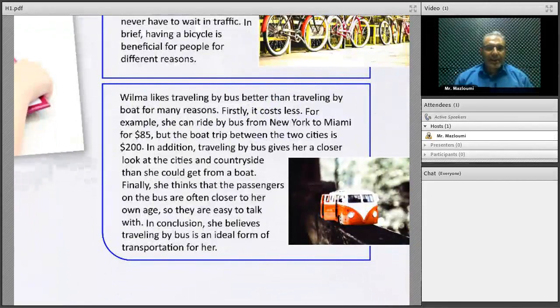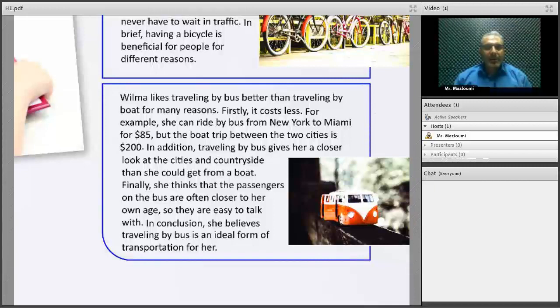The second example. Wilma likes traveling by bus better than traveling by boat for many reasons. This is the topic sentence. It is clear, easy to understand. Firstly, it costs less, less money.